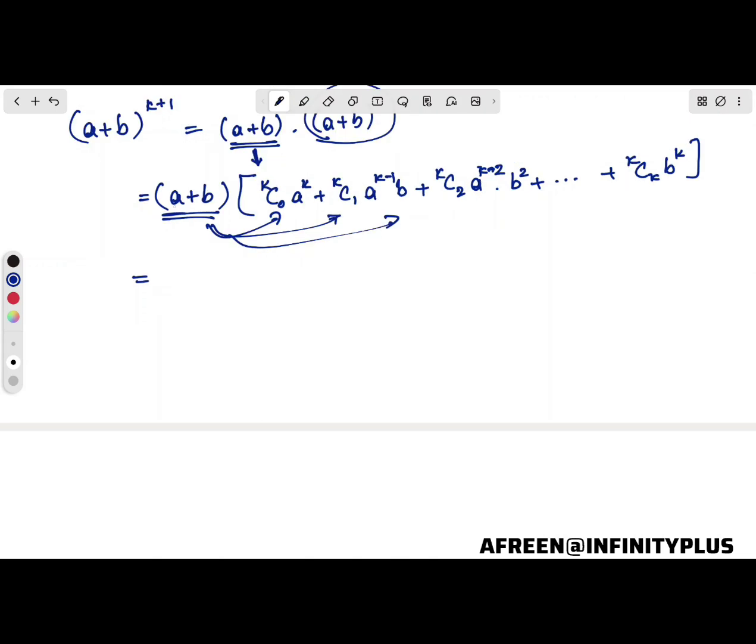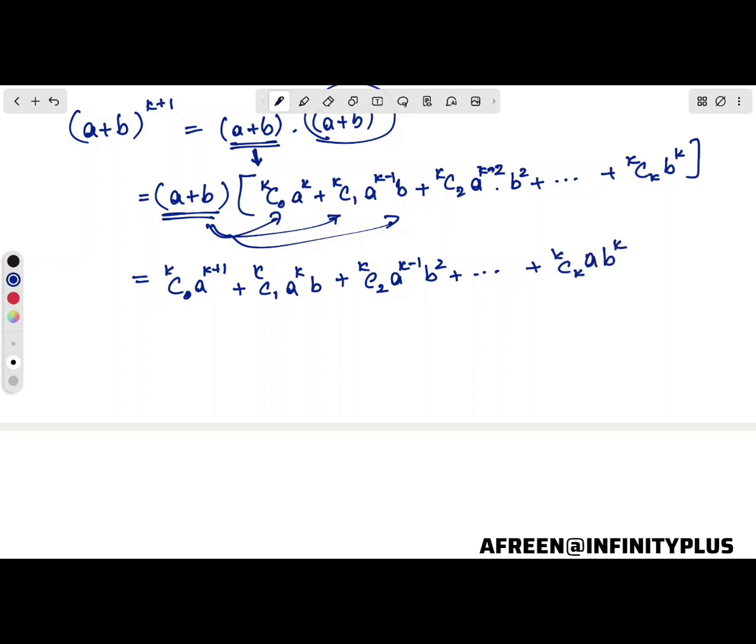If I am multiplying a to each element, this will become kC0 a^k, which is already there, times a, so a^(k+1), plus kC1 a^(k-1+1), so it will be a^k b, plus kC2 a^(k-1) b^2 plus etc. plus kCk a b^k.